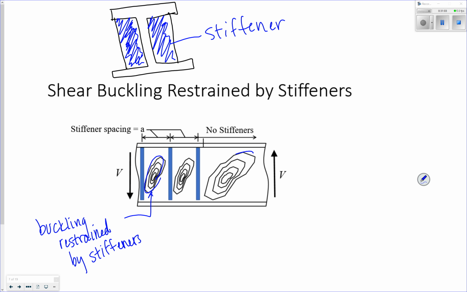And this section, the only thing that's stopping that buckling, the extent over which that stress goes, is once it eventually hits the flanges.